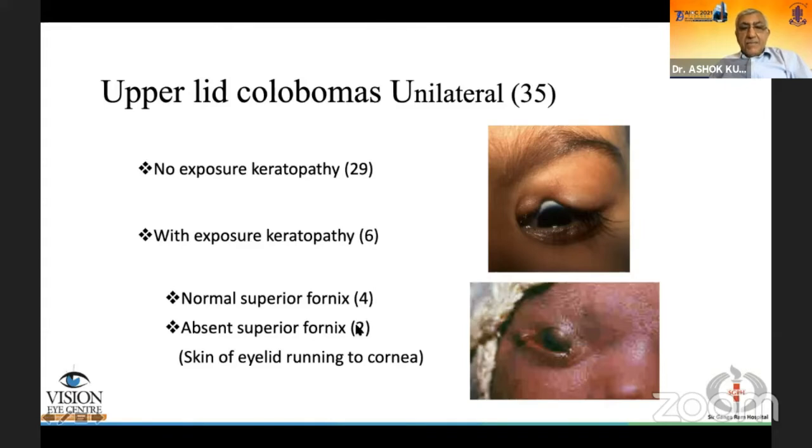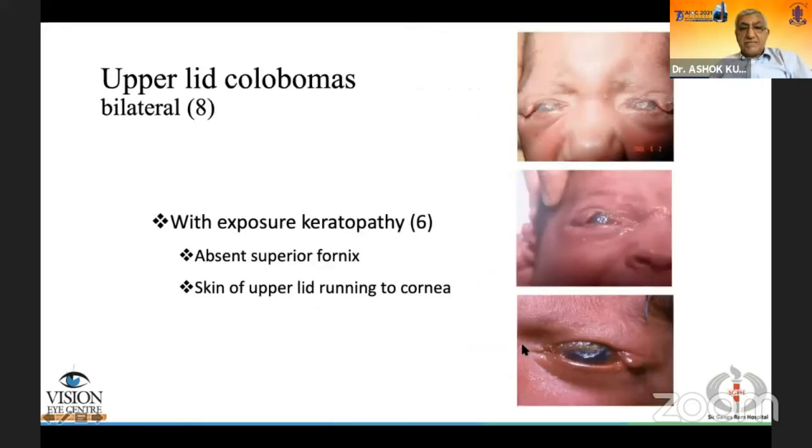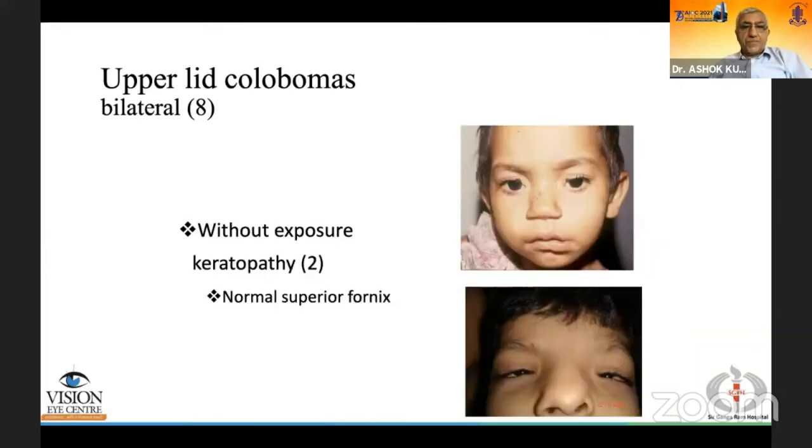And some of them rarely have an absent superior fornix, something which is much commoner in the bilateral group, as we will see. In the bilateral colobomas, exposure keratopathy is the rule rather than the exception, and absent superior fornix with skin of eyelid running onto cornea is the commonest presentation in 6 of the 8 cases, constituting a symblepharon variant of cryptophthalmos, and association with Fraser syndrome should be looked for.